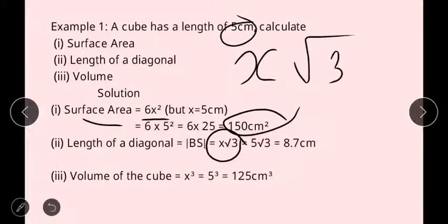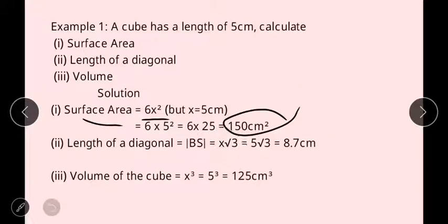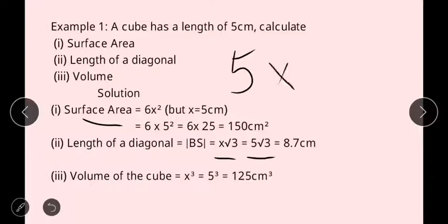Just substitute 5 in place of x and try to solve. So when we do that, x root 3 would give us 5 root 3. 5 root 3 means 5 multiplied by the root of 3. The root of 3 is what I want you to press with your calculator. What does it give you?